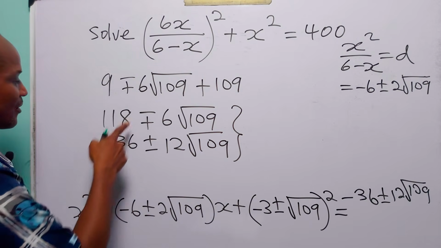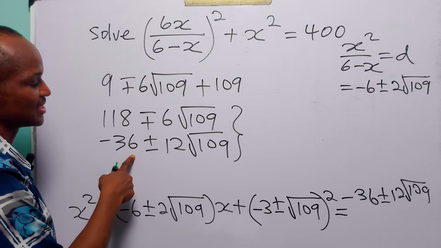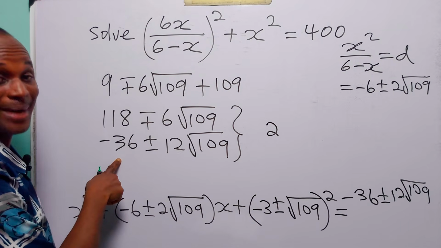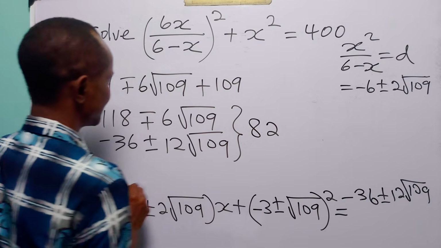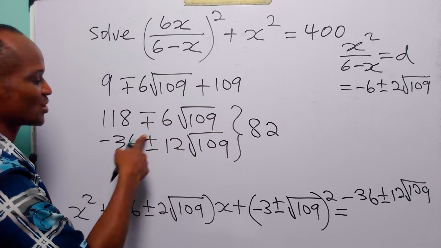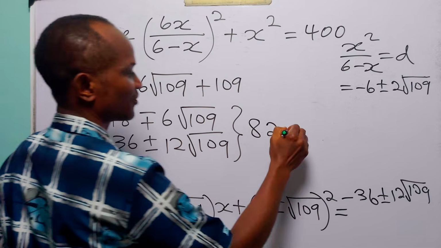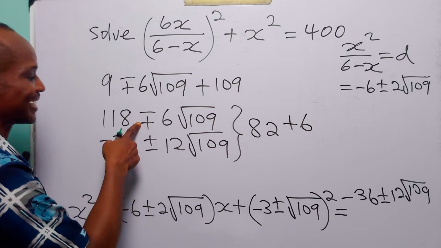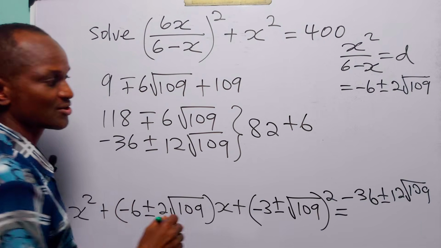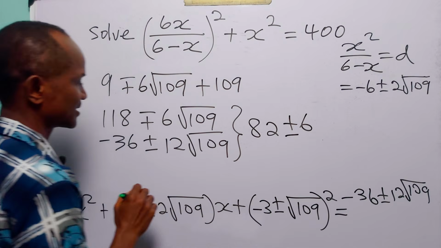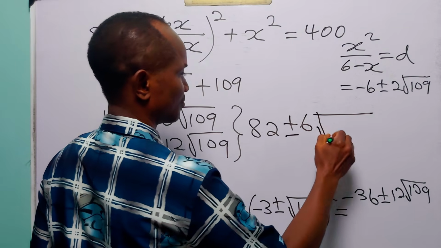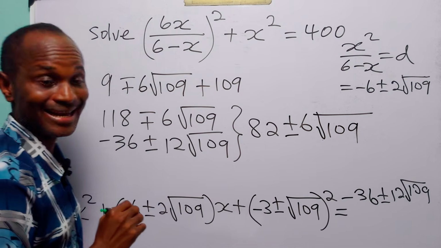Now 118 minus 36 is 82. Now minus 6 plus 12 is going to give us plus 6, and plus 6 minus 12 is going to give us minus 6. Then we have root 109.